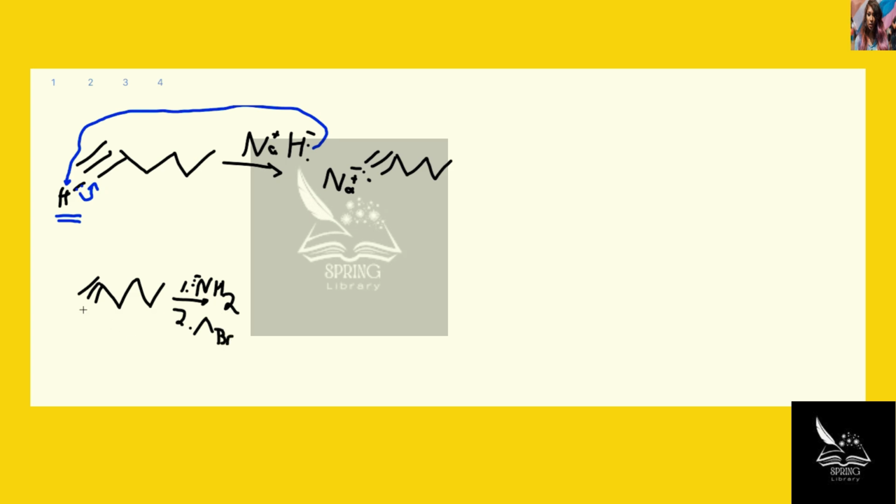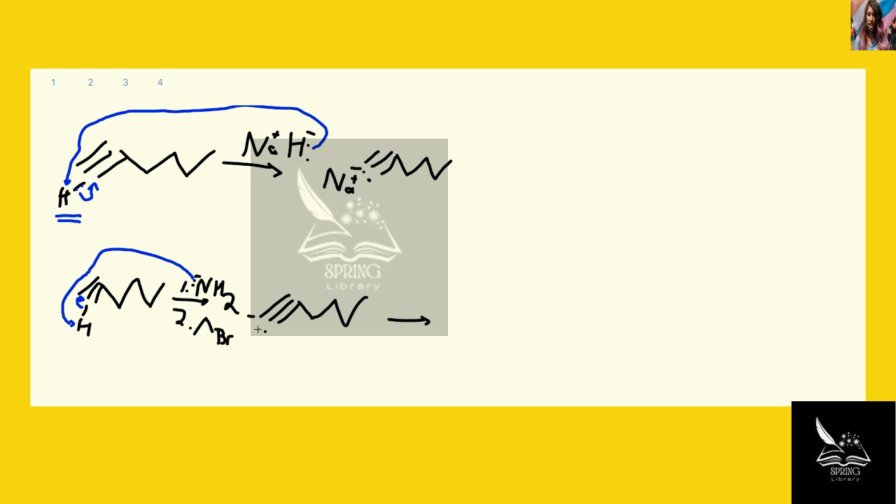So you can imagine, once again, that this nitrogen will pick up this proton, making a bond. You make a bond, you break a bond. Those 2 electrons on the sigma bond will go to the carbon nucleus, making our carbanion. Now we have a very reactive nucleophile, an electron-rich carbon that doesn't like being anionic.